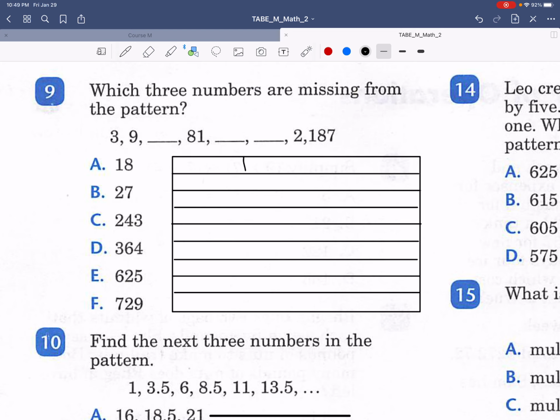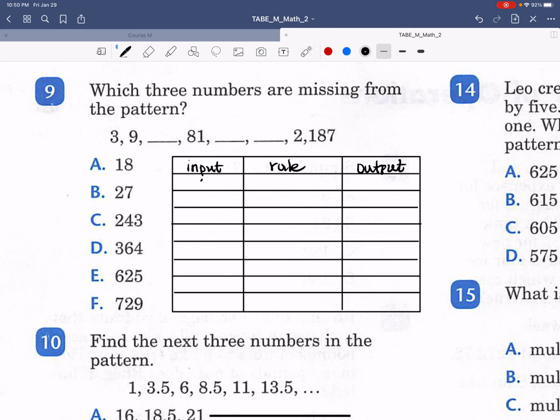I'll get it at the end. So there's input, rule, and output. Input, rule, which we don't know, we'll have to figure it out, and then the output.